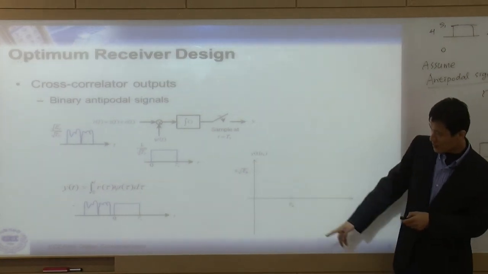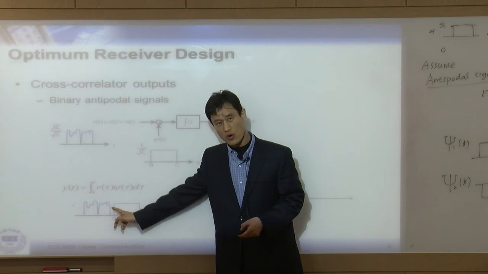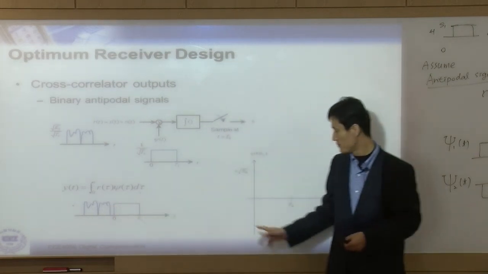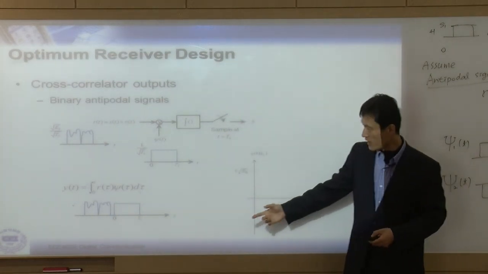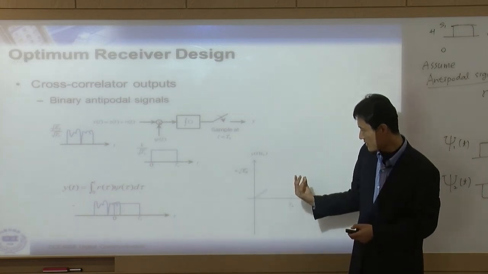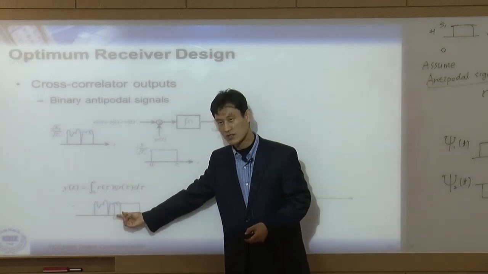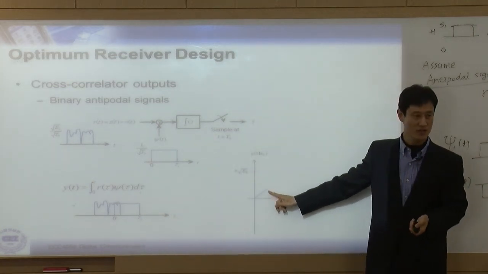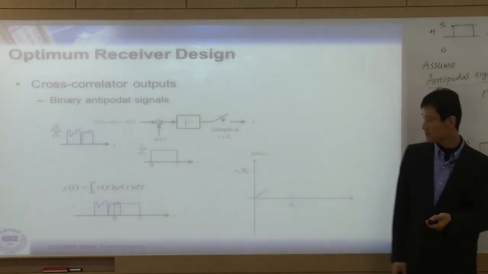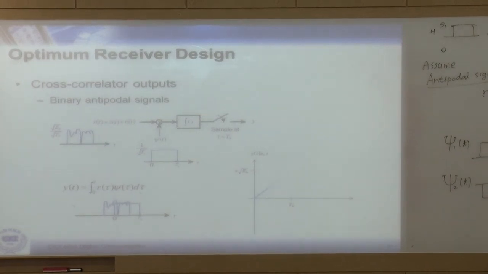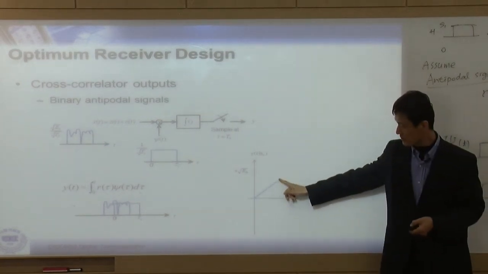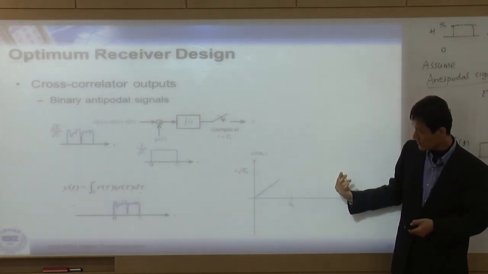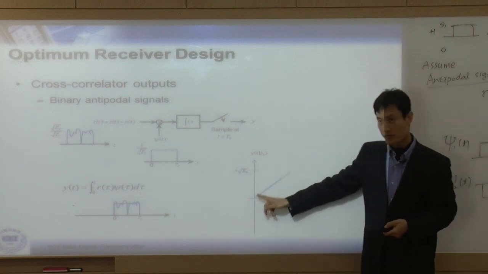Let's see here. In this case, we have no overlap, so correlation is 0. When you slide a little bit, we have a little bit of overlap and a little bit of correlation. The value goes up. Again, keep moving to the right, it goes up, and again.